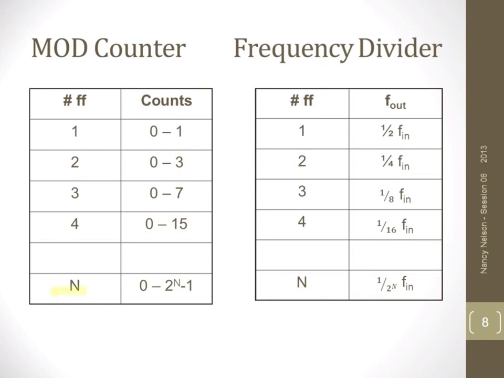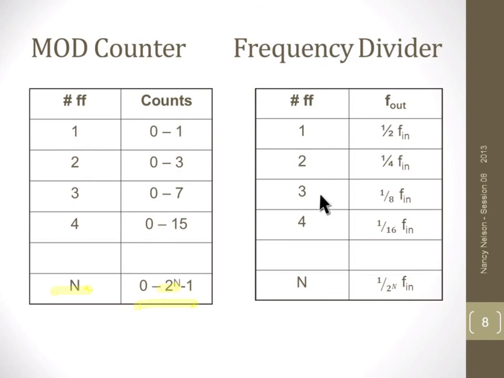So what's important to remember is if we have n flip-flops, we have 2 to the n different values, and the range is going to be 0 to 1 less than the number of different values. If we look at that same circuit in a role as a frequency divider, if we had one flip-flop, then the output of that flip-flop is going to be half of what it received coming in.